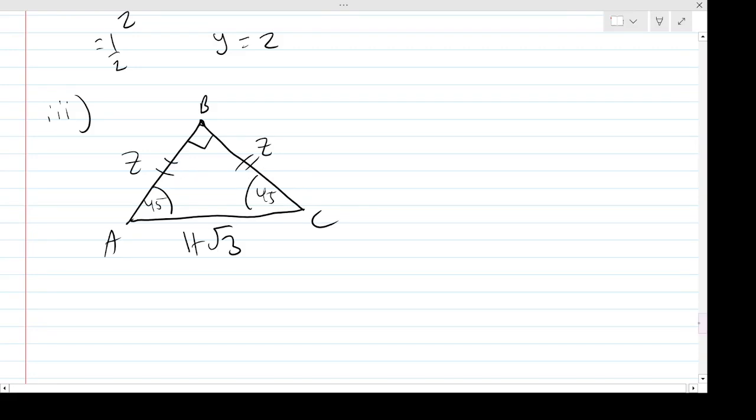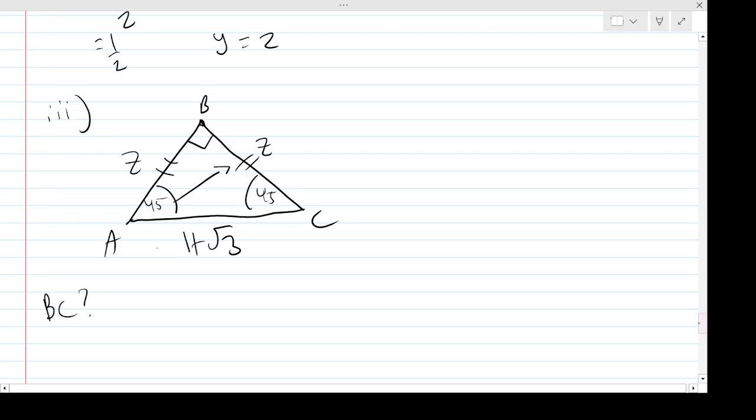No, actually, let's not confuse it, right? The question wanted BC, which is this side here. It's also equal to this side, because again, it's isosceles, two sides are the same. But then it's opposite this angle 45, right? So it's going to be opposite, and also we know the hypotenuse, which is opposite the right angle, which is 1 plus root 3. So we can use the sine again, right?